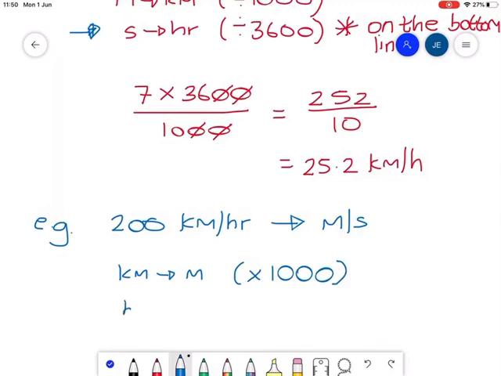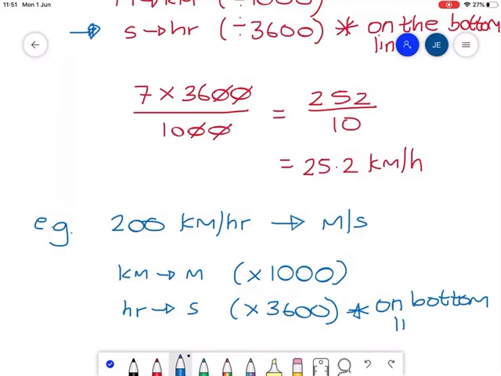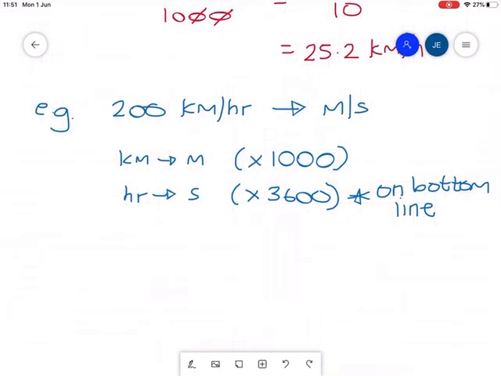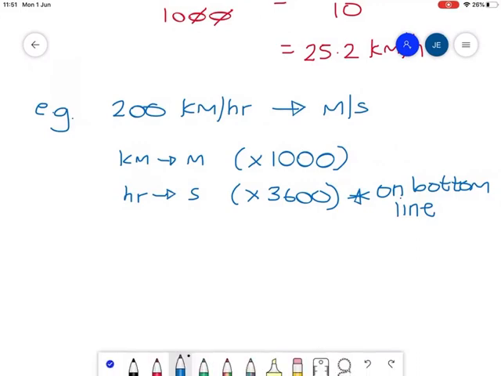If I want to get from hours to seconds, again, if I know it's 1 hour, it's going to be 3,600 seconds. But I'm timesing, this is the important bit, I'm timesing by 3,600, again as before, on the bottom line, which means when I actually go to do my sum, I'm actually going to be dividing by 3,600.